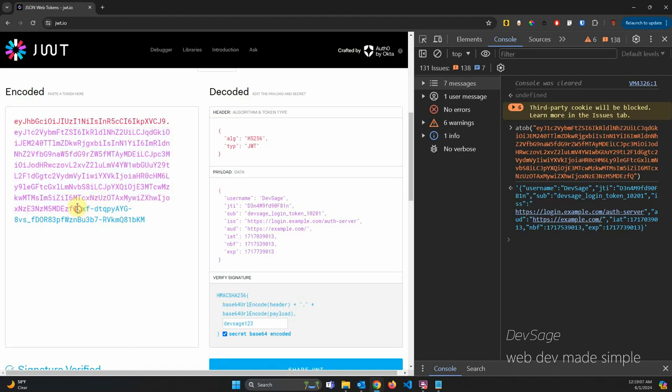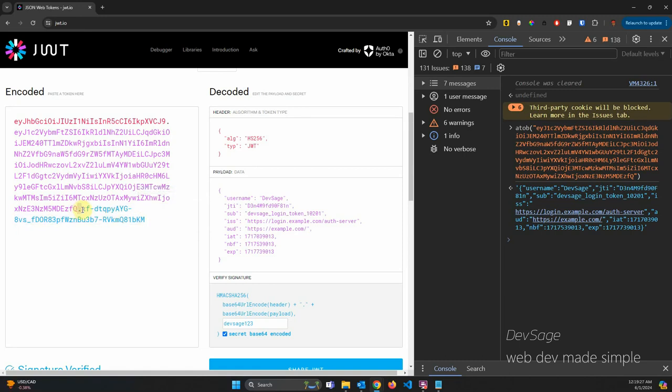So basically it takes these two pieces, runs them through this SHA-256 hashing algorithm, and the output is going to be some unique hash. And this hash is concatenated to the end of the JWT as the signature.